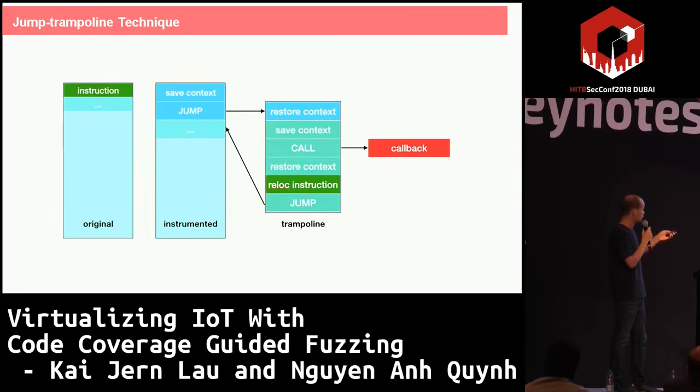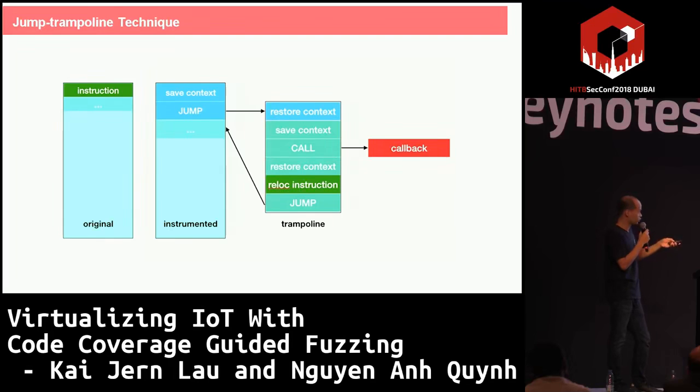So we want to instrument here, right? We override this place with our own code. Our own code will save the context, because branching to the callback can change the context. So we save the context first. After that, we jump to the trampoline buffer. Inside the trampoline buffer, first of all, we restore the context we saved before the jump.